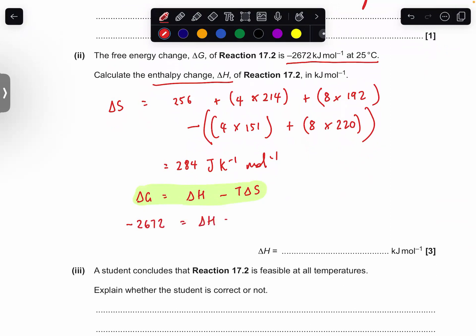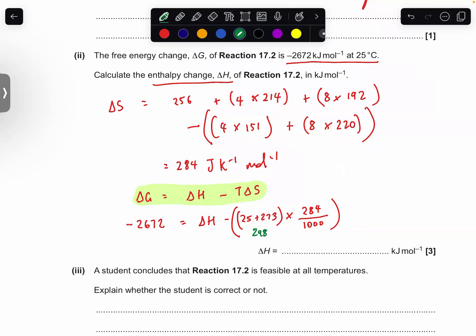Enthalpy change we're trying to work out, and temperature they've given as 25, but we need to convert that into Kelvin, so that would be 25 plus 273. That's your T value, and multiplied by delta S, which we've got 284, but we need to convert the joules into kilojoules. We divide that by 1,000. So that becomes 298 here.